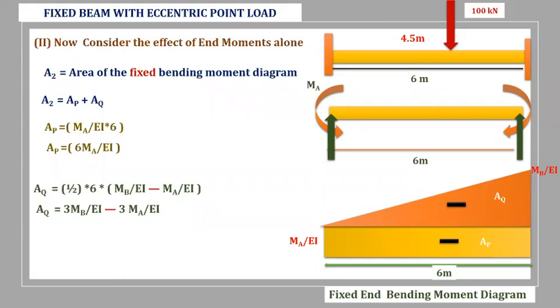In the fixed end bending moment diagram, MA is constant throughout the member. So we think MB may be more.